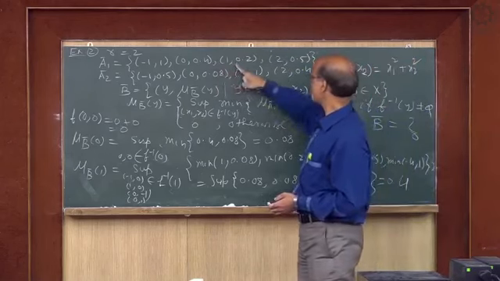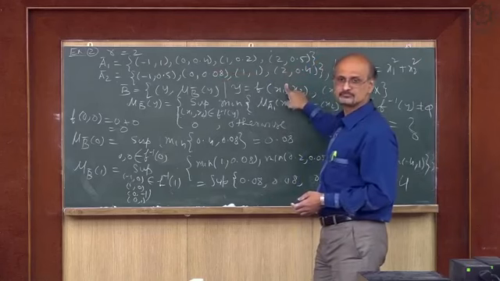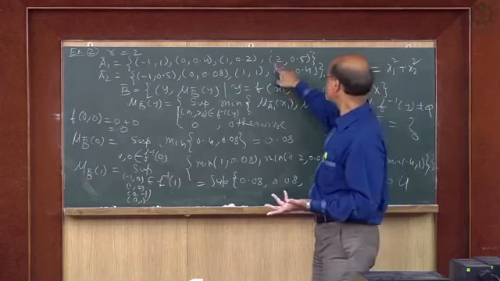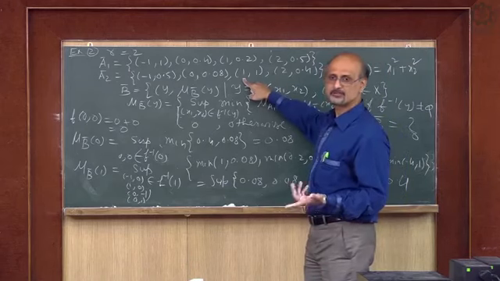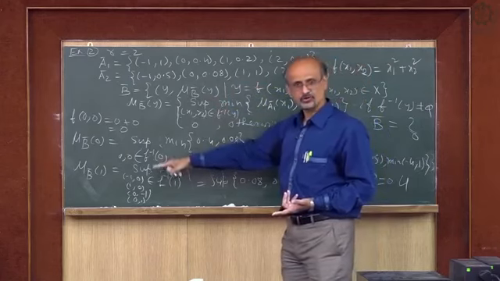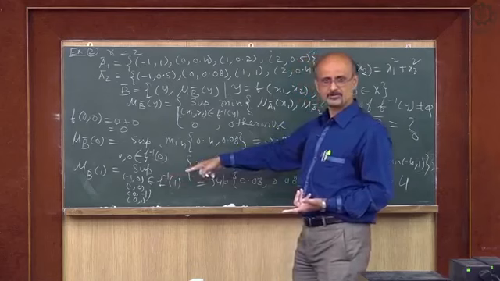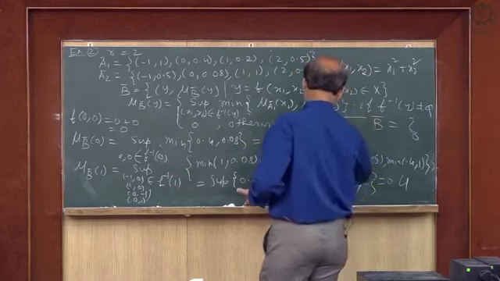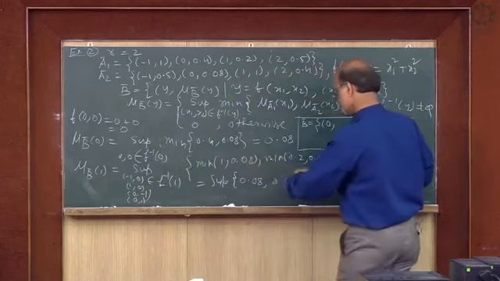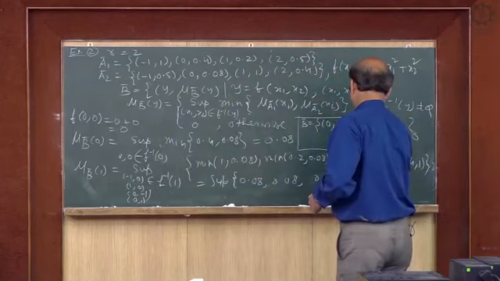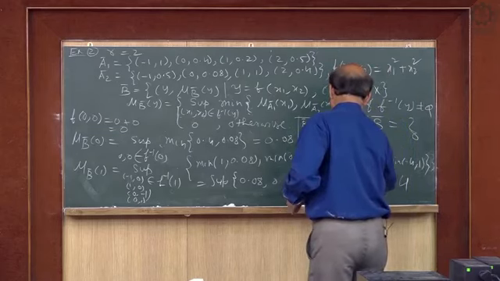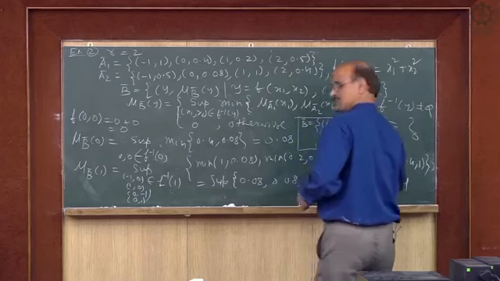Suppose I take 2 square plus 2 square, it is 8. I can have 2 square plus 1 square, 5. So, those elements you can generate, and you generate all those membership values. And you write finally B bar as, suppose, (0, 0.08), (1, 0.4), and so on.